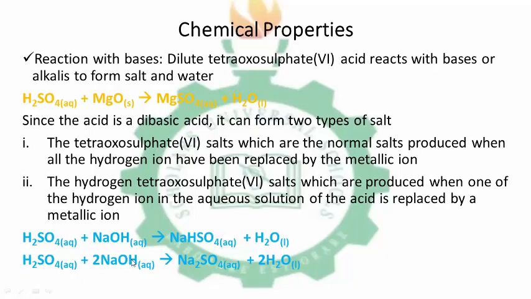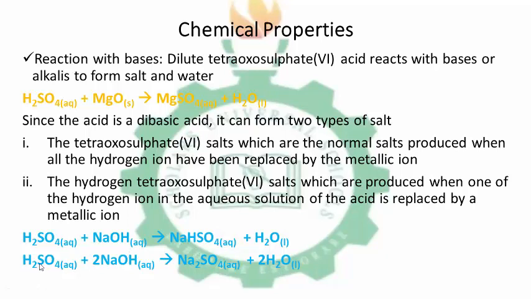This is the overall equation of the reaction. Please take note. The NaHSO4 should react with the excess sodium hydroxide to give you this and water molecule. Now the overall reaction will give you this.